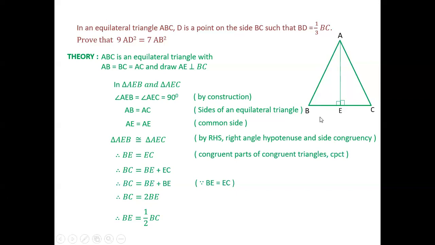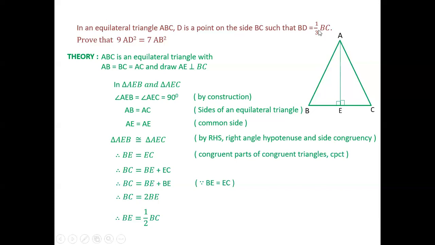So we are going to use this condition. Whatever I proved here, when you are solving this question, you don't have to write this. This is for you to understand why I am going to substitute BE equal to half BC while proving this. And one condition is already given, BD is equal to 1 by 3 BC.